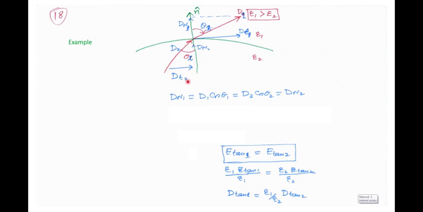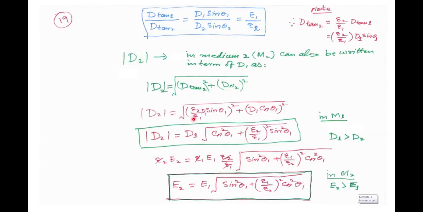So Dt2 divided by the D2 magnitude is equal to sine theta 2. So dividing Dt1 by Dt2 gives D1 sine theta 1 divided by D2 sine theta 2.